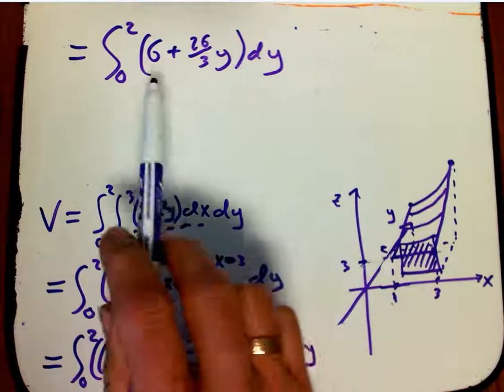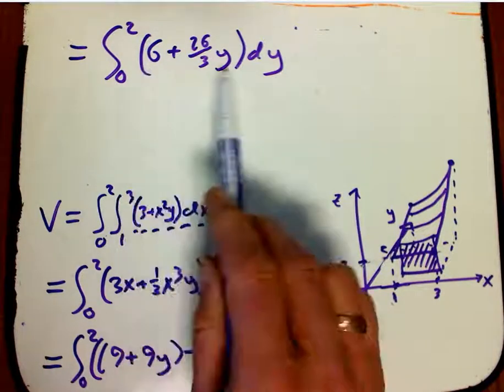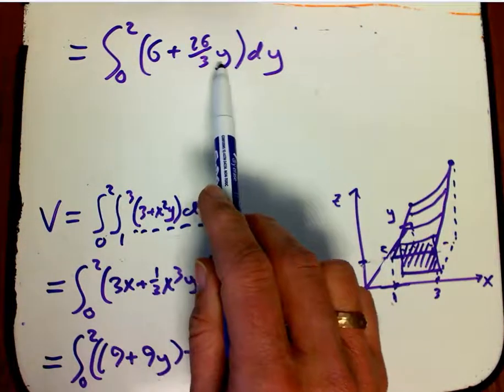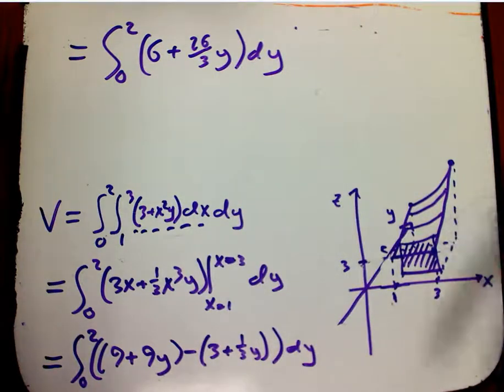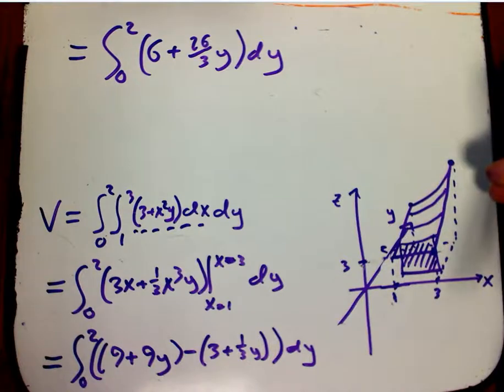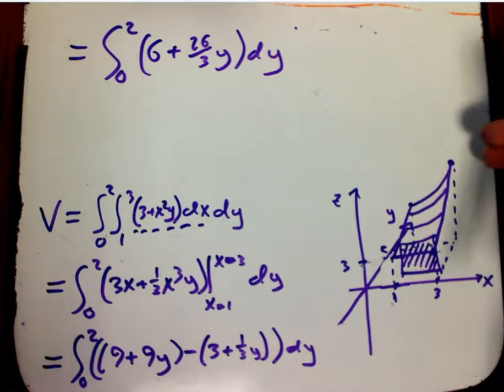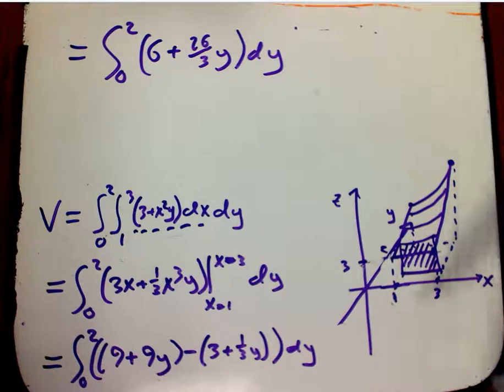Okay, right here, that does have a meaning. This is the cross-sectional area, and it makes sense that it's an increasing function of y. As y goes up this way, away from us, from our viewpoint here, those slices certainly do look like they're getting bigger, and they are.